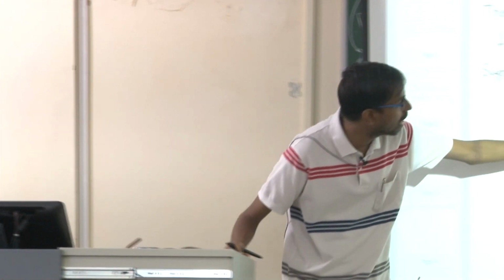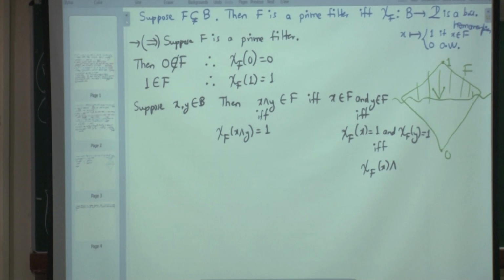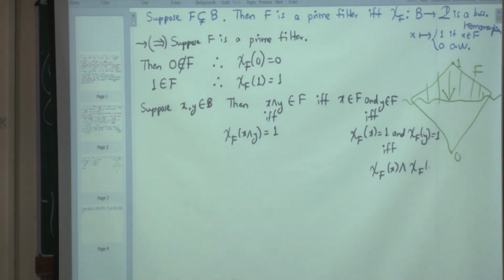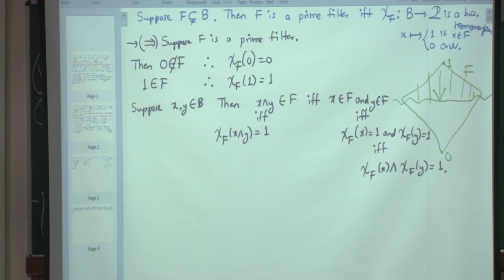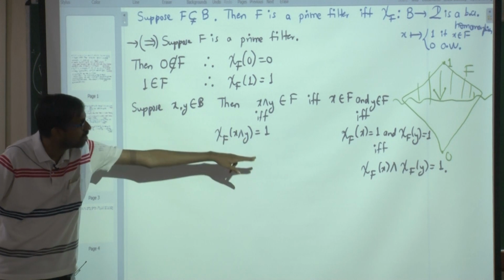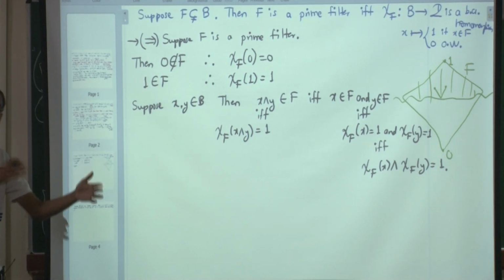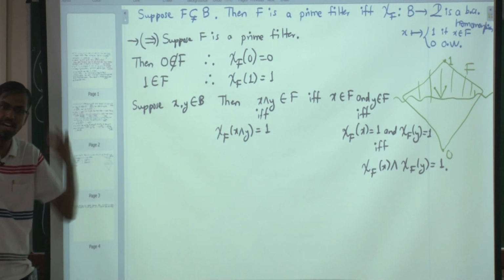So therefore, what did we show? Chi F of x meet y is equal to 1 if and only if chi F of x meet chi F of y is equal to 1. So this is 0 if and only if that part is 0, that is the definition.